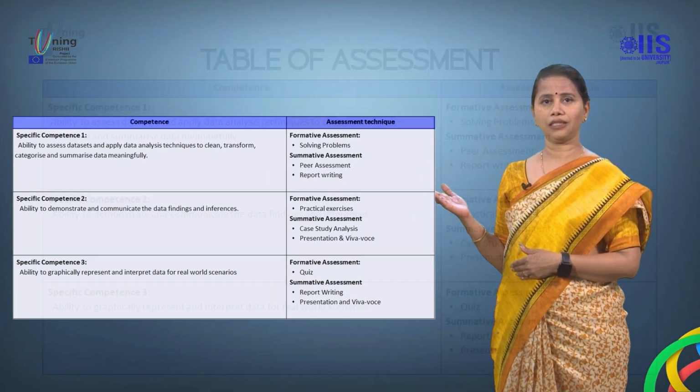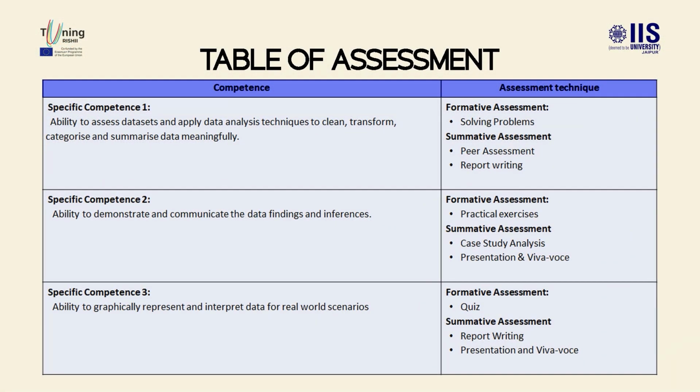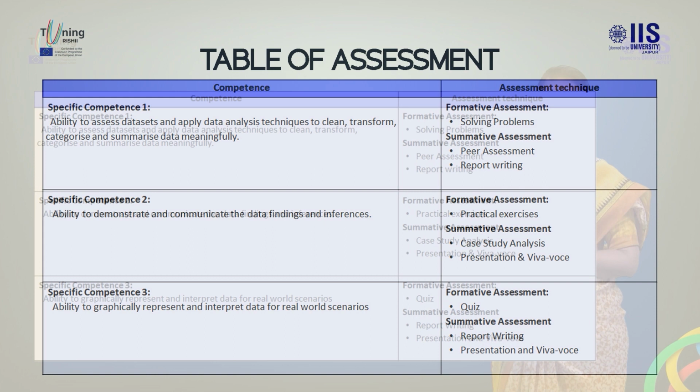Case-based analysis, presentation of the worksheet, online test, and peer assessment is used to assess specific competences. The summative assessment techniques used to assess this course are exercise-based test, presentation, viva and report writing.